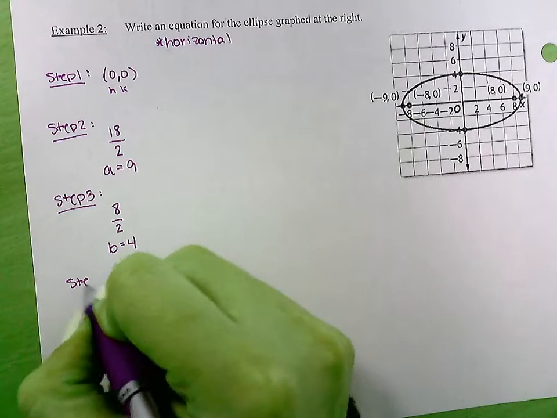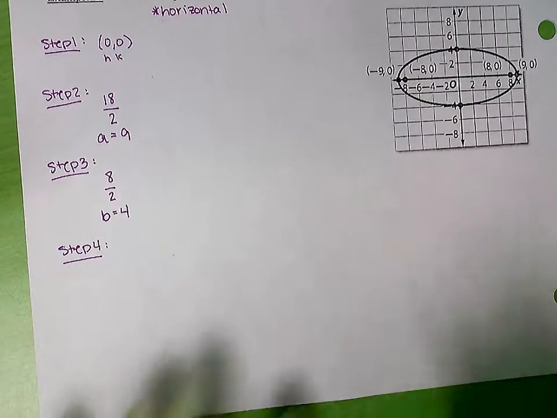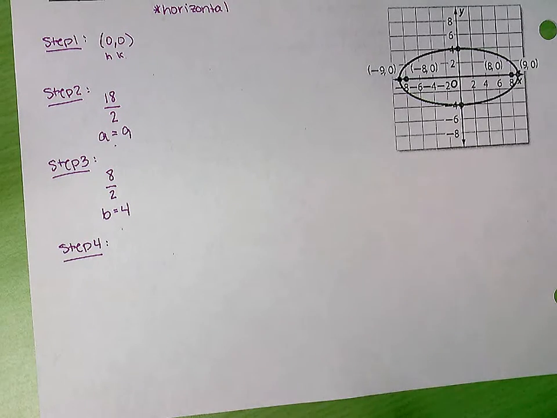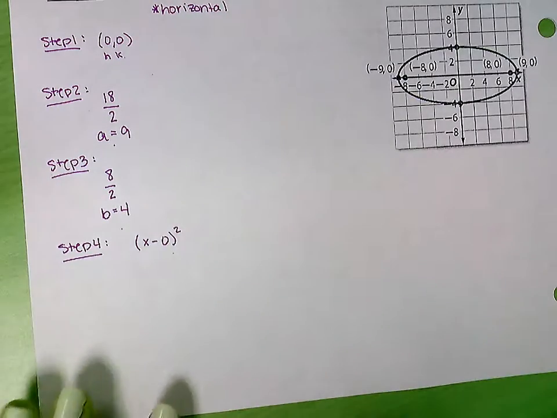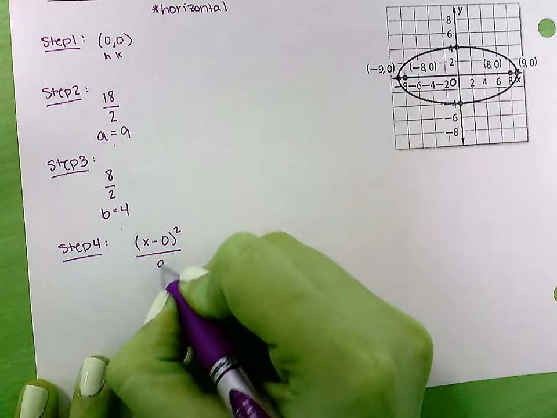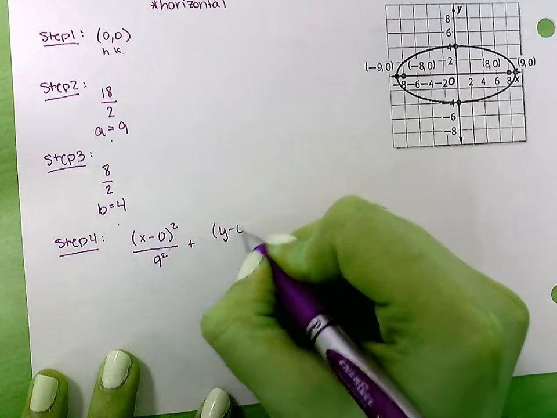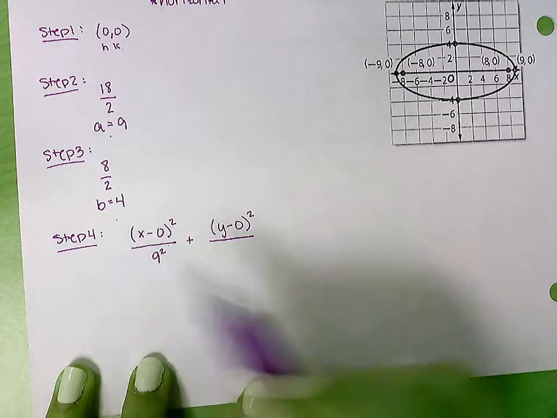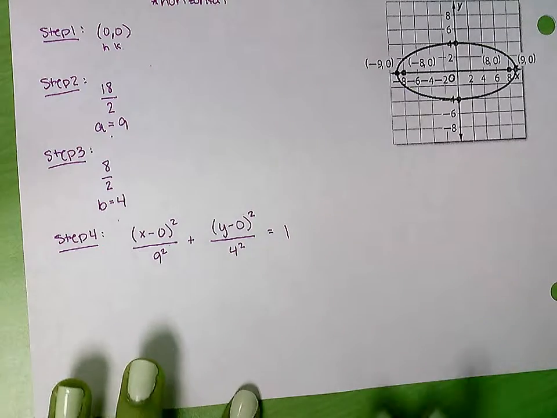Last step, step 4, is to write out your equation. I have H and K, and I have A and B, and this one is horizontal. So we'll have x minus h, H was 0, that's squared, over a squared, so 9 squared, plus y minus k, again k was 0 in this case, over b squared, so we'll have 4 squared, and that will be equal to 1.